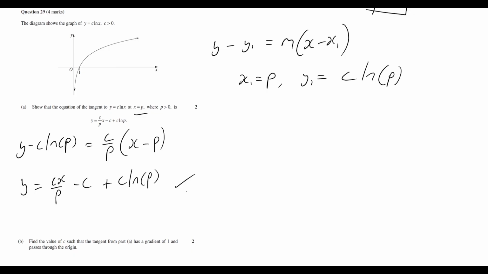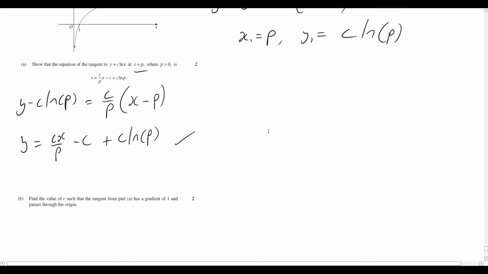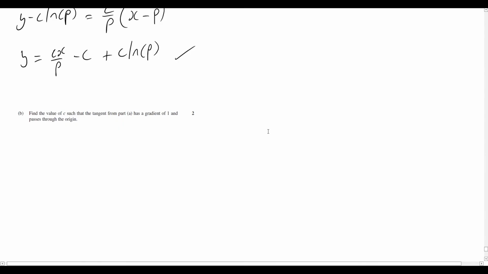Now for part B, it says find the value of c such that the tangent from part A has a gradient of 1 and passes through the origin. Okay, so what that means now is that we know that c over p, that gradient, is going to be equal to 1. In other words, c equals p.